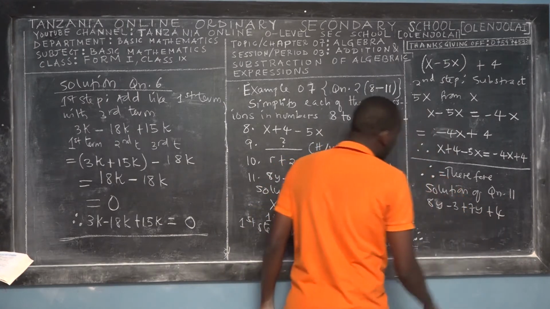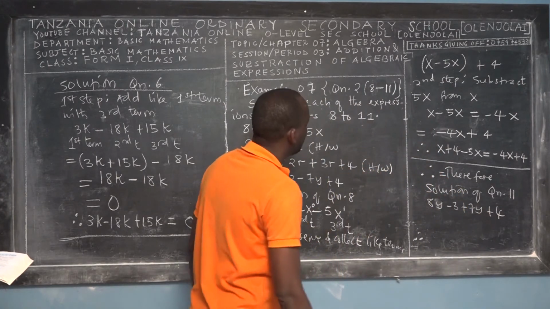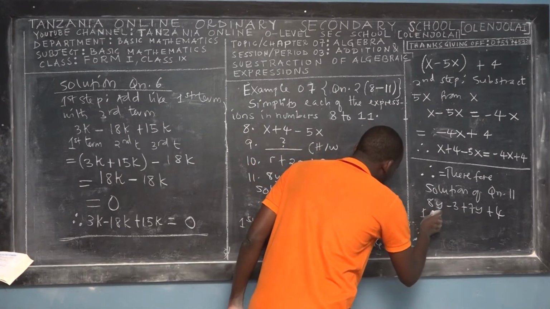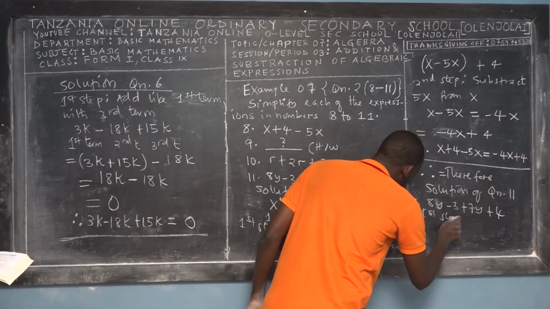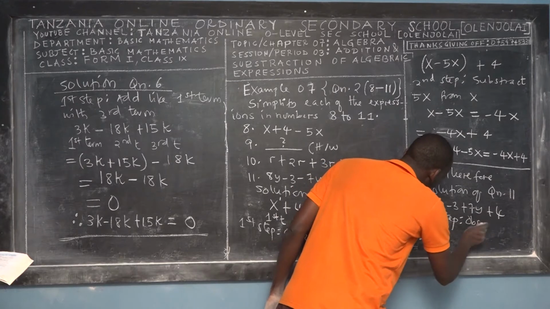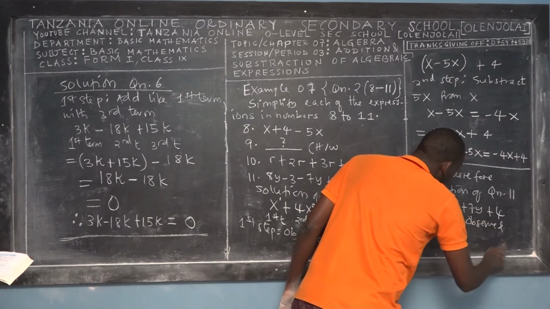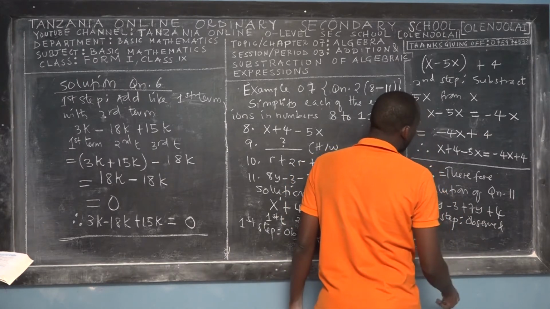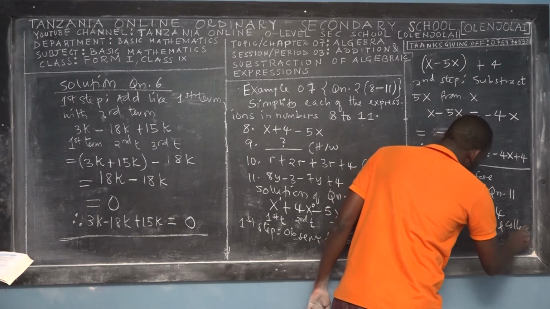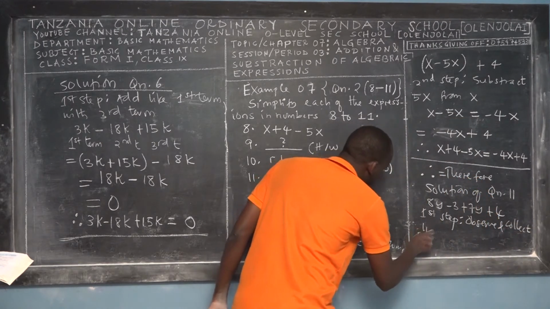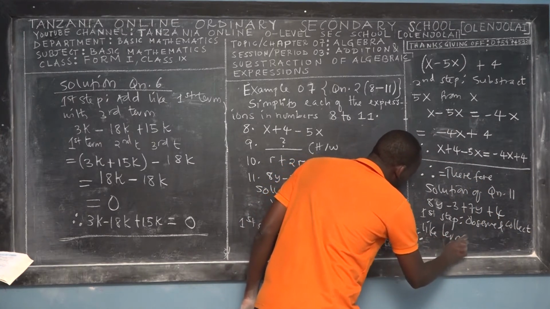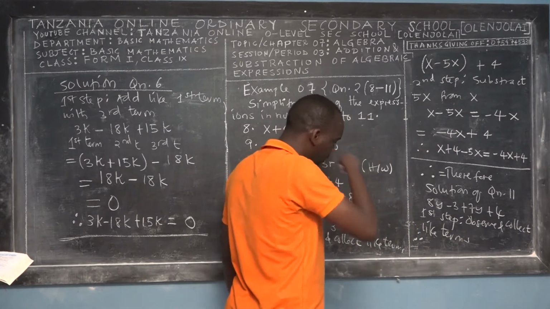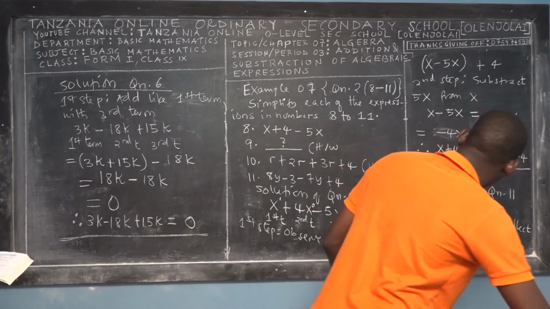How many terms do you have? 4 terms. We follow the same procedures as I told you. We don't skip any step here. The first step, we say observe and collect like terms. How many terms do you have? 4.